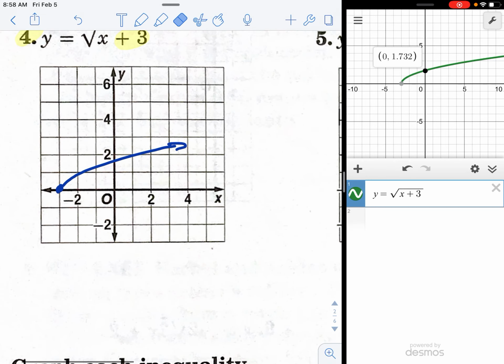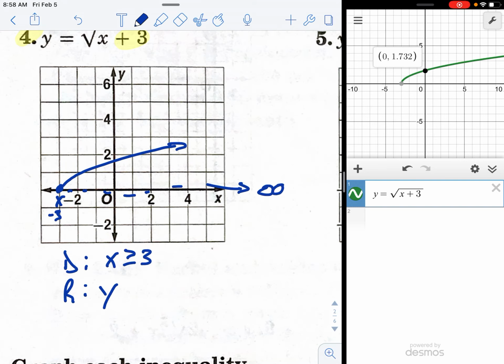Now let's do the domain and range. Domain is x values, range is y values. This graph starts at an x value of -3, and it goes in the x direction to positive infinity. So that means x is going to be greater than or equal to -3.